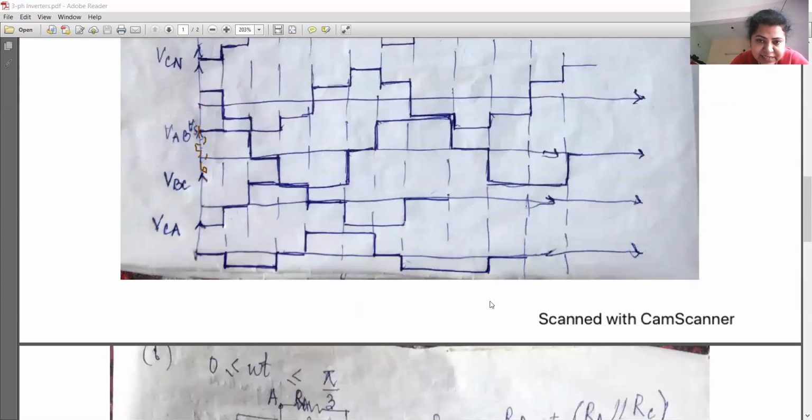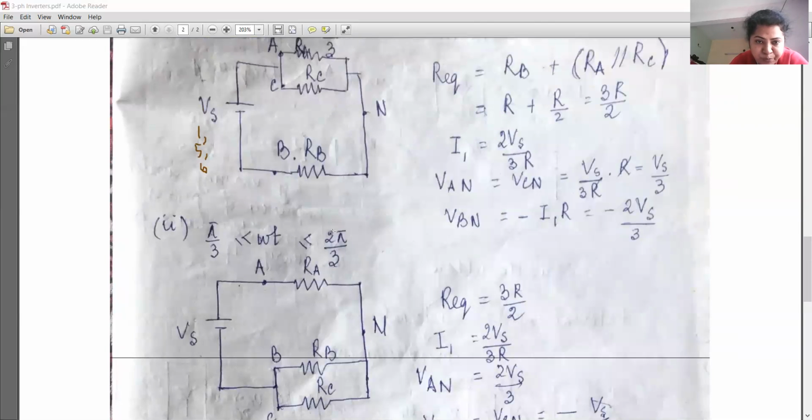So for the interval pi by 3 to 2 pi by 3, RB and RC are connected to the negative terminal and RA is connected to the positive terminal.